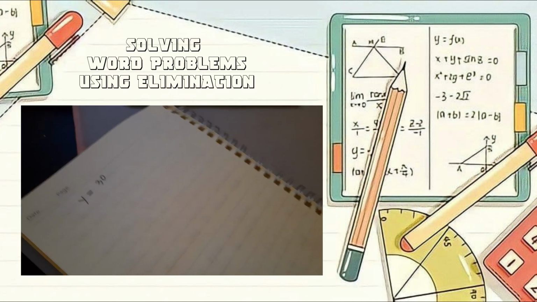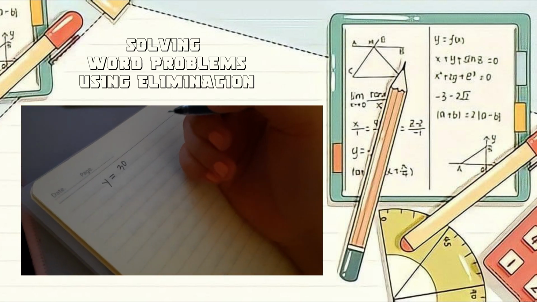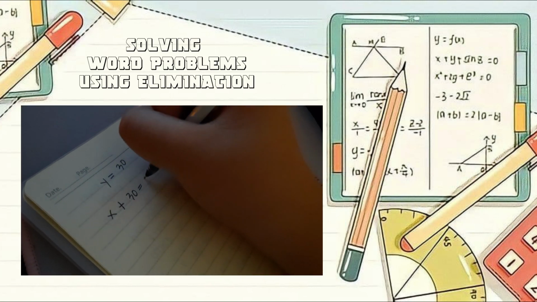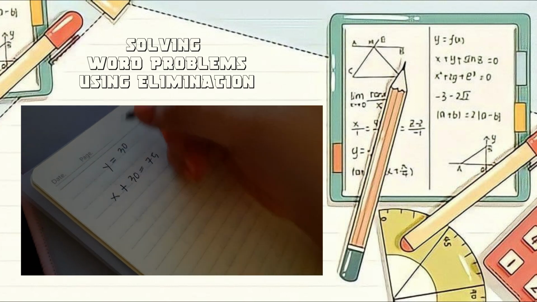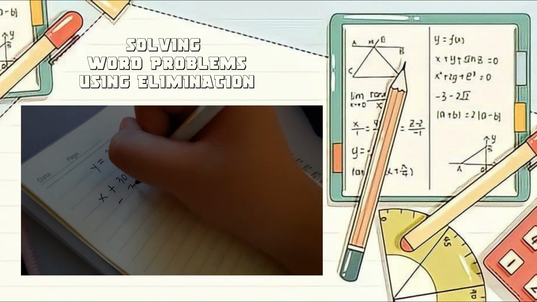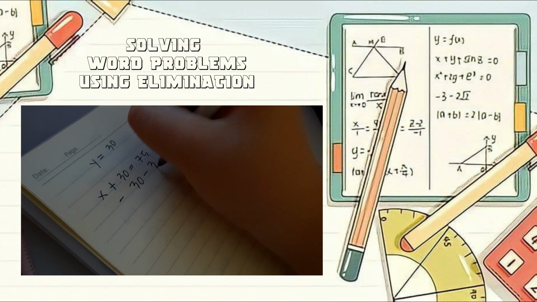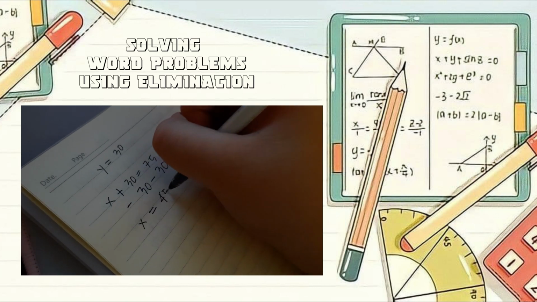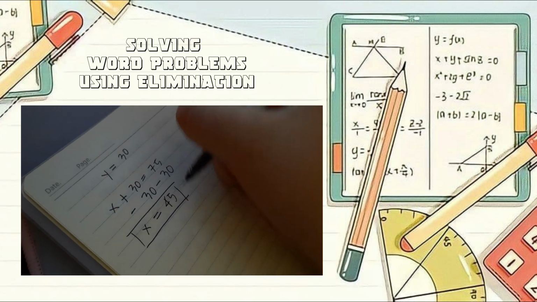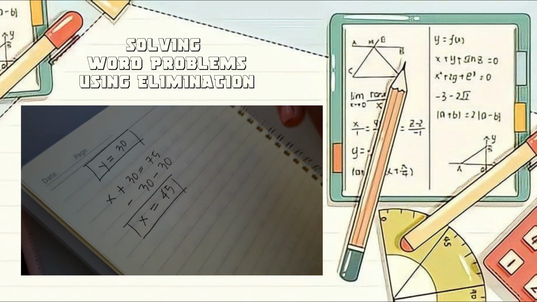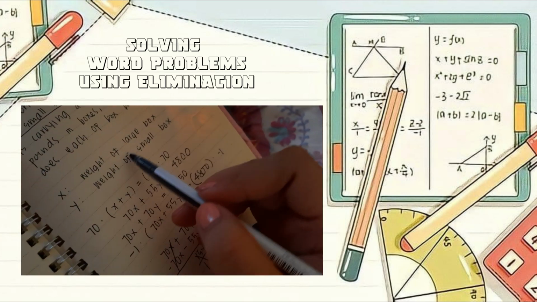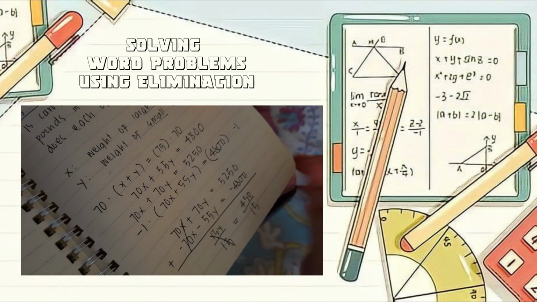So, x plus 30 plus 75 minus 30 is 30. So, dito diba hinahanap natin yung weight of large box saka weight of small box.